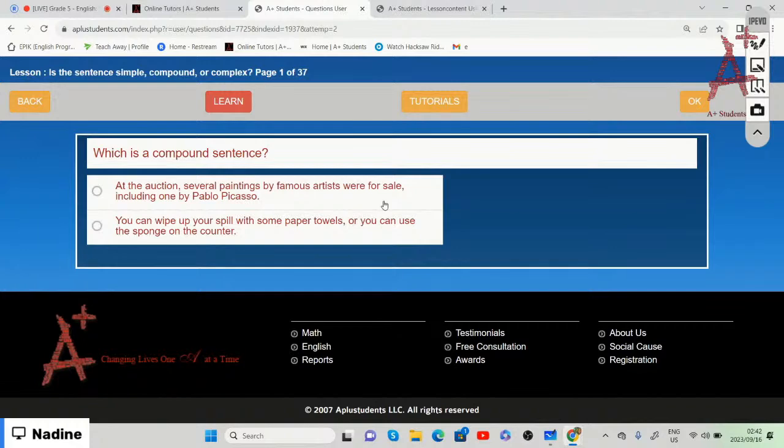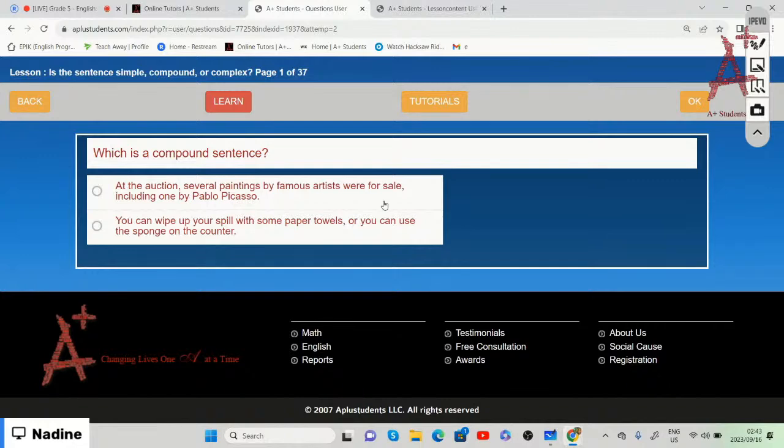So now we're going to say which is a compound sentence. At the auction, several paintings by famous artists were for sale, including one by Pablo Picasso. And the second one is, you can wipe up your spill with some paper towels or you can use a sponge on the counter.